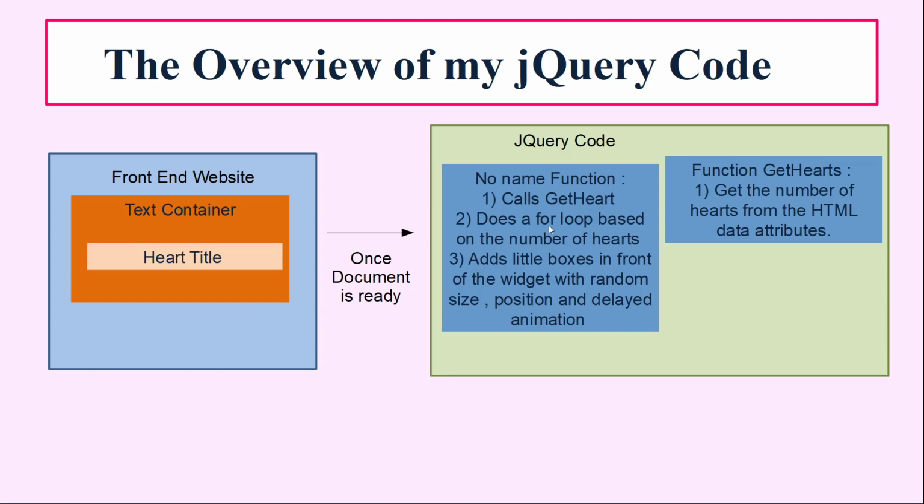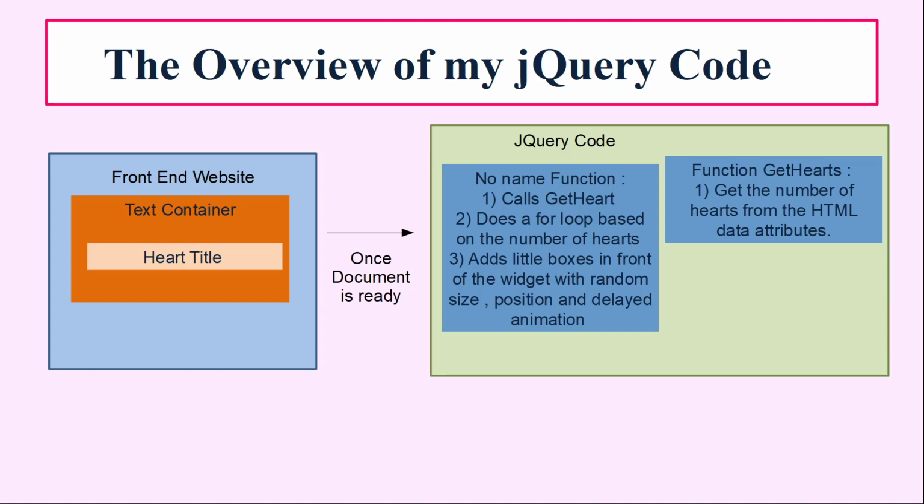Then we're going to loop round that number, and for each heart that we want to create, we're going to add a little box in front of the widget, and that little box will be edited using CSS to look like a heart.